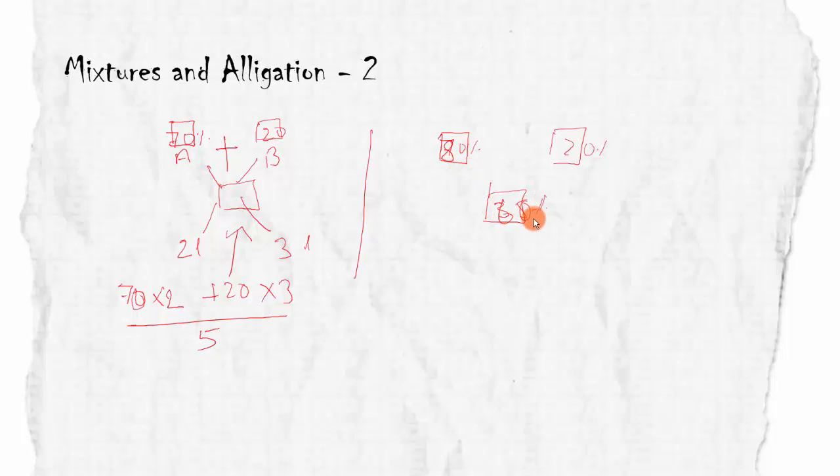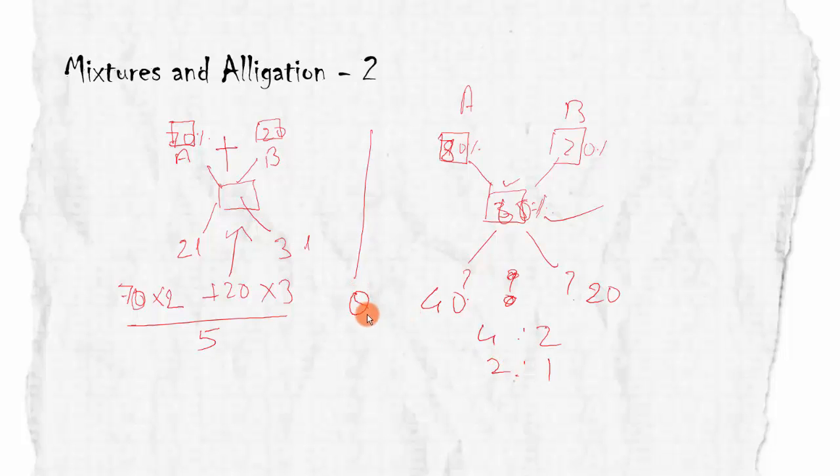We needed to find the ratio in which we are mixing A and B to get 60% of this. For that, we applied the rule of alligation. That is, we checked the deviation from the resulting mixture to that of A and B. Here the deviation is 20% and here the deviation is 40. So the ratio is 4:2 or 2:1.